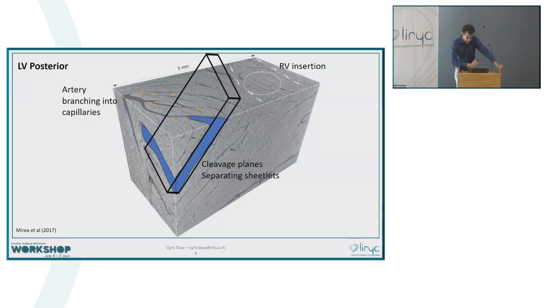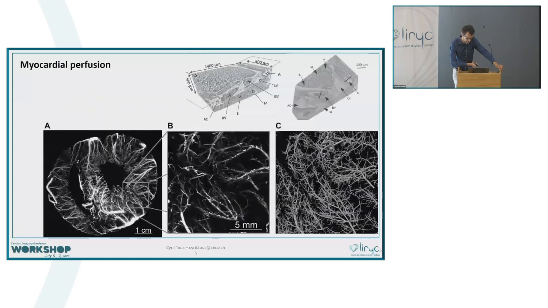Those sheetlets, the gap you saw earlier, is actually not empty. It's full of vasculature, collagens, veins and arteries. So if you think about the sheetlets starting parallel and then sliding onto each other, it affects how the perfusion works, because you change how the flow behaves.